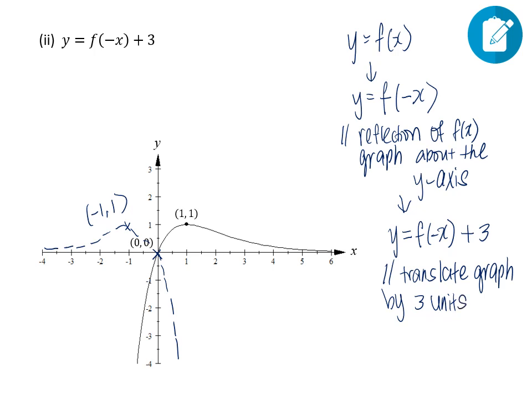By 3 new units, but in this case, it's along the positive y direction. So really it just means let's shift the entire graph up by 3 units.